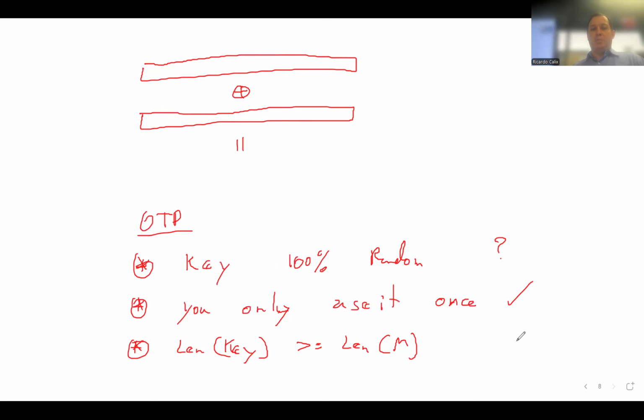But this is the problem. You can't really make a key that is as long as the message, right? So it's impractical. And so even though Claude Shannon concluded that the OTP was secure, as long as the key is 100% random, you only use it once, and the length of the key is greater than the length of the message, you have security.